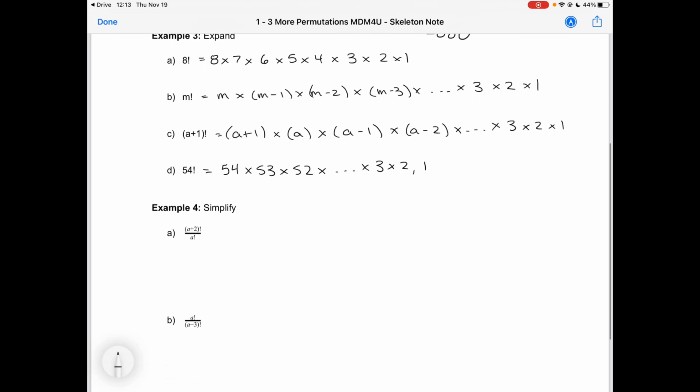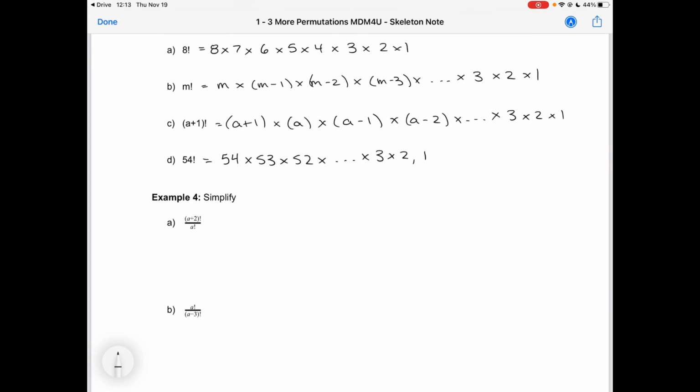Example 4 is going to ask us to simplify some expressions with factorials. So what I want to do is expand the top until I get to what I see on the bottom. So I've got a plus 2. I'm going to take away 1 for my next term, a plus 1. And then I'm going to take away another. I'm going to notice that on the bottom I have a factorial.